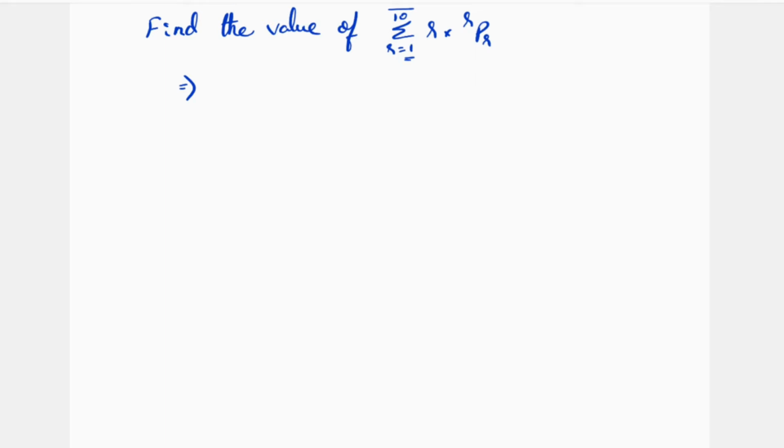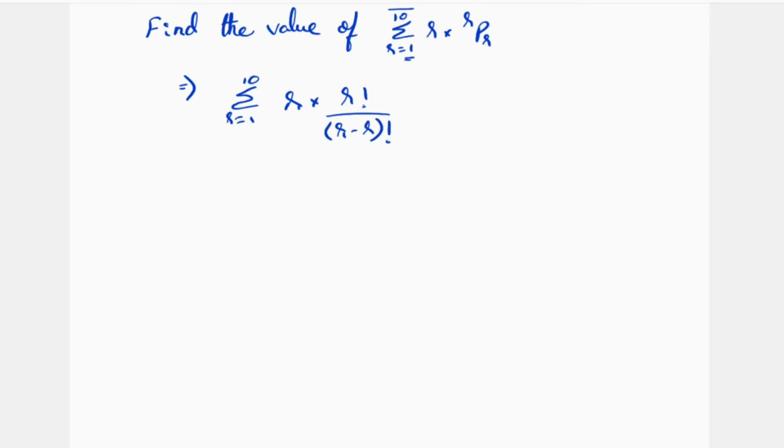Now, before doing that, let us first try and simplify this expression r multiplied by rPr. Keeping the summation as it is, r equal to 1 up to 10, r multiplied by the formula for rPr, which is given by r factorial divided by r minus r the whole factorial.